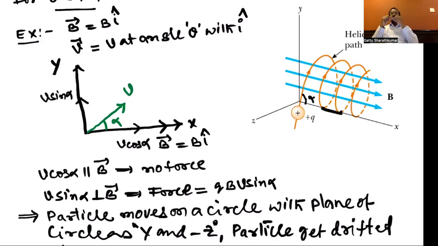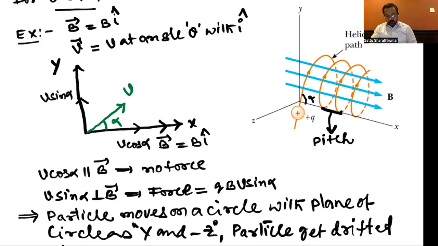Now, this distance traveled along the x-axis during one complete circle is what we call the pitch. So this particular part is what we call the pitch.